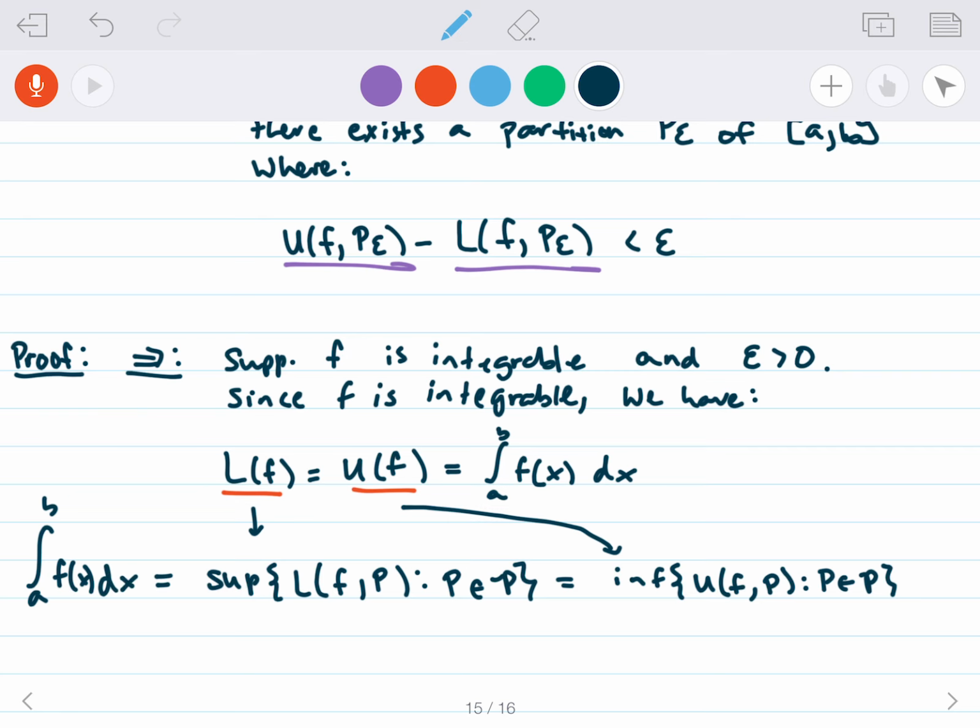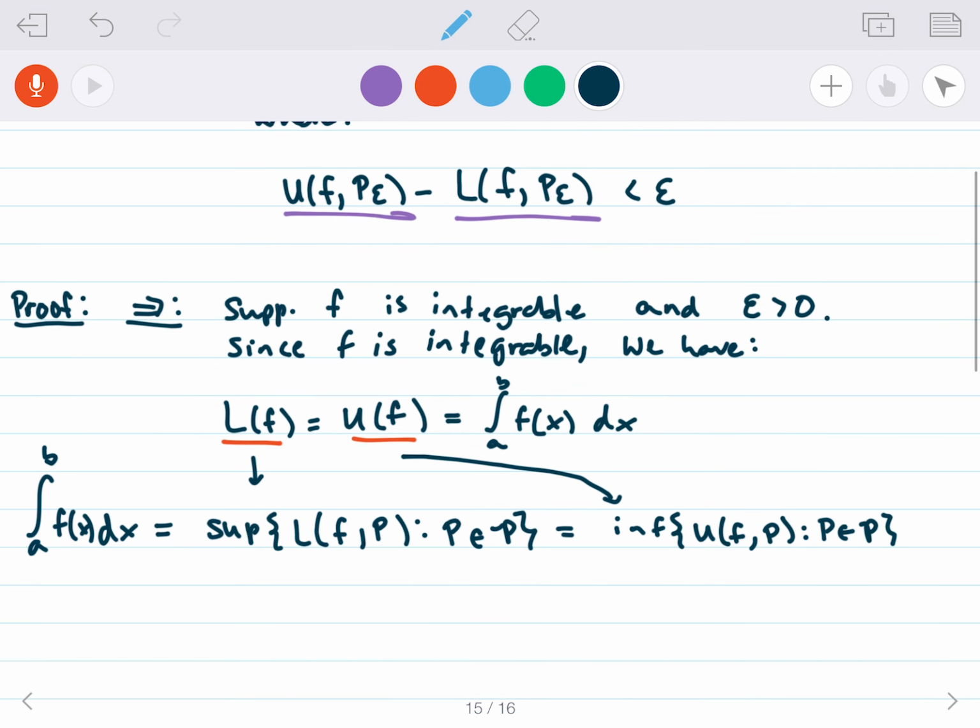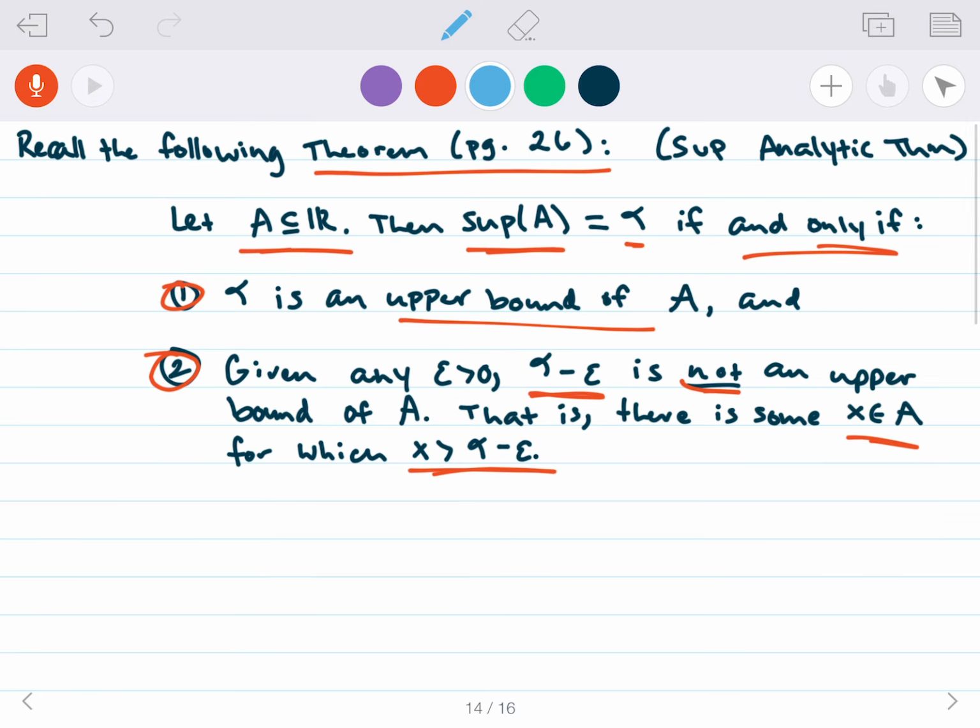So now we're going to appeal to the supremum and the infimum analytic theorems. All right, so this guy equals a sup of this set. And this guy also equals the inf of this set. So we can appeal to this theorem here.